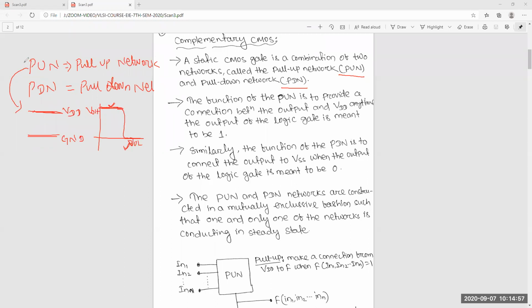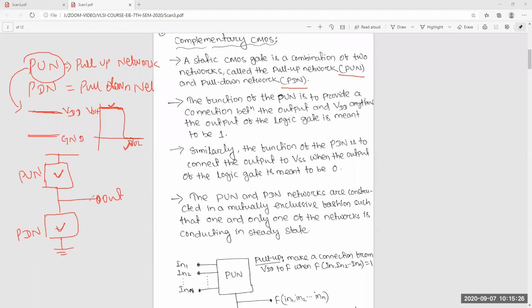So the PUN, the pull up network, will pull up. Suppose any circuit is there, and this is your output. Here the PMOS part is the PUN and this is the NMOS part, the PDN. This is connected to VDD and this is connected to ground.